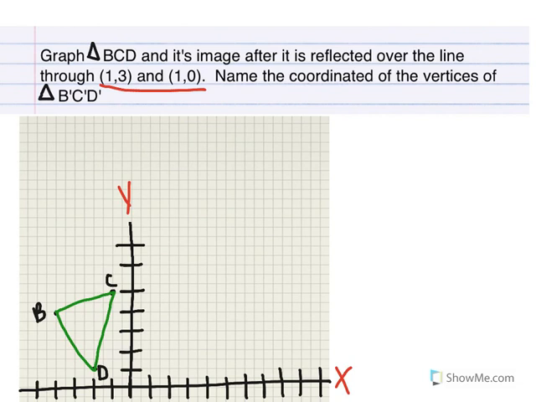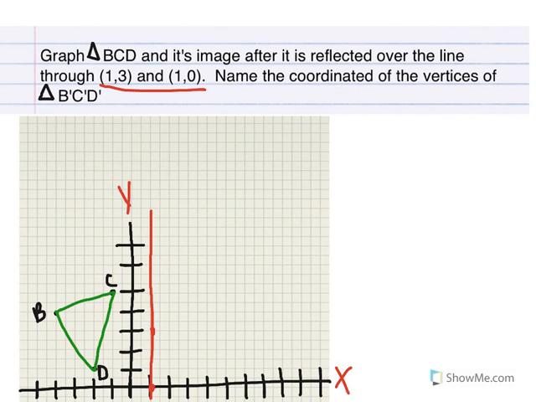So it's going to be 1, 1, 2, 3 here. And 1, 0 is going to be here. So my line through those coordinates is going to be straight up here. That's my line of reflection, and I'm asked to reflect BCD over that line.